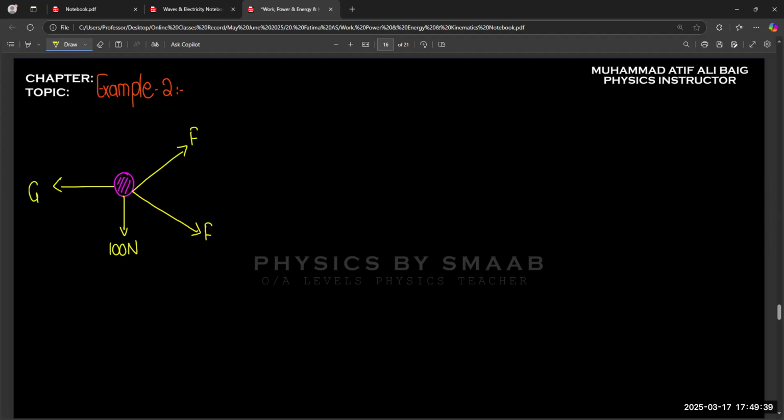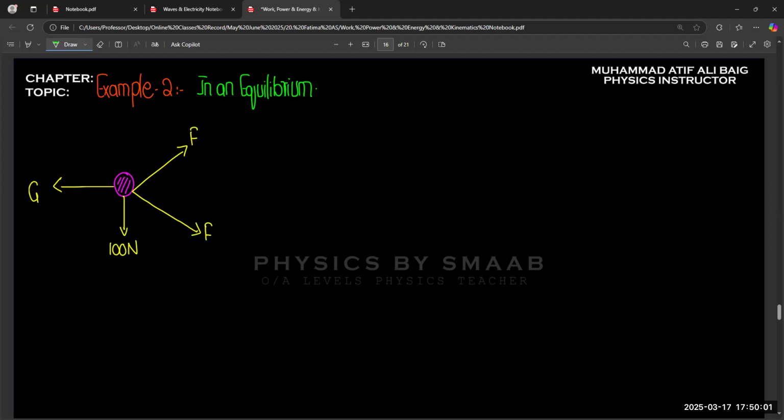So for example, if this object is also in equilibrium condition, in an equilibrium condition, the sum of all forces must be equal to zero.